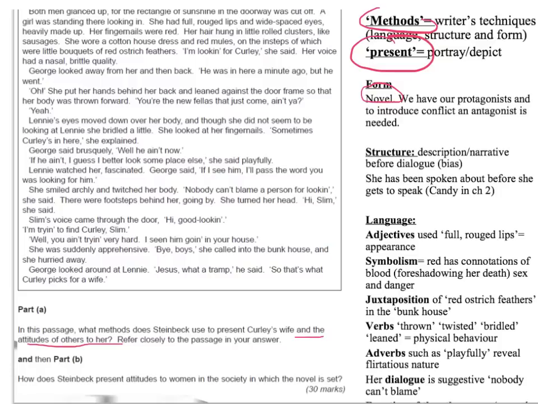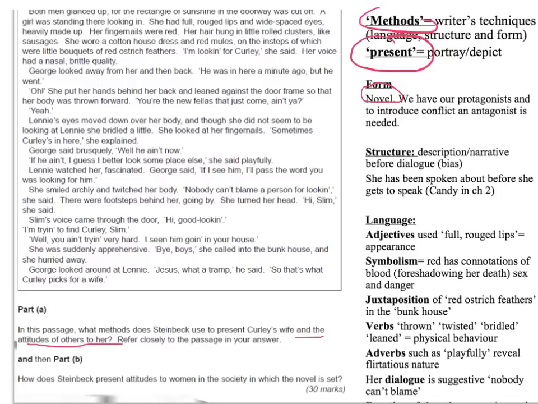We're getting a physical presentation of her, which really is Steinbeck's way, isn't it, of prioritising our impression to be one of physical attributes rather than her personality. I would potentially expect students to also mention that Candy has previously called her a tramp and a tart, and therefore Steinbeck has really built a degree of bias.